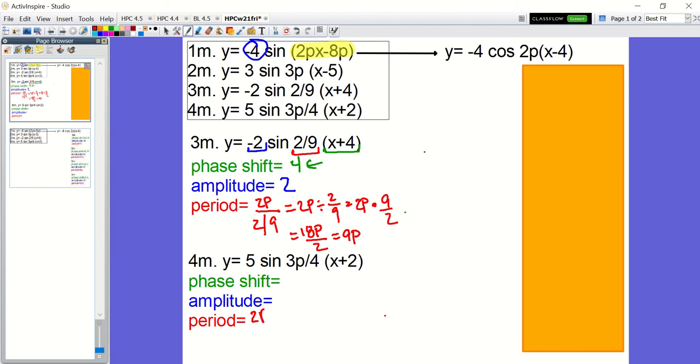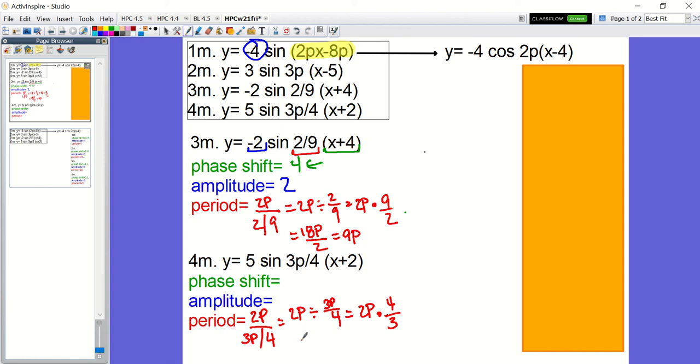2 pi divided by 3 pi divided by 4, which equals 2 pi divided by 3 pi over 4, which equals 2 pi, keep, change, flip. Remember, I should have mentioned that earlier. Should use that analogy.